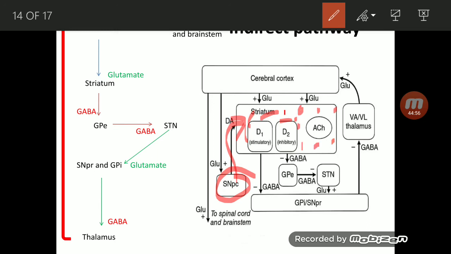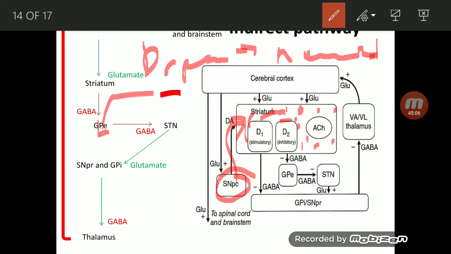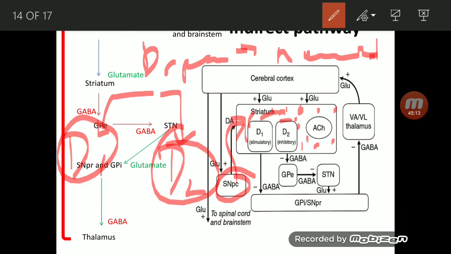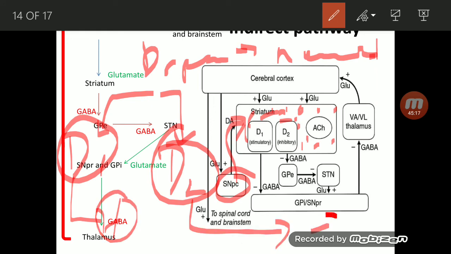Since your dopamine is released into your striatum, and dopamine itself is a neurotransmitter, this dopamine acts on two different receptors, which are D1 and D2. D1 is an excitatory receptor, D2 is an inhibitory receptor.